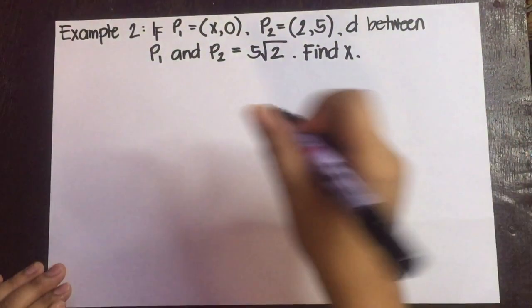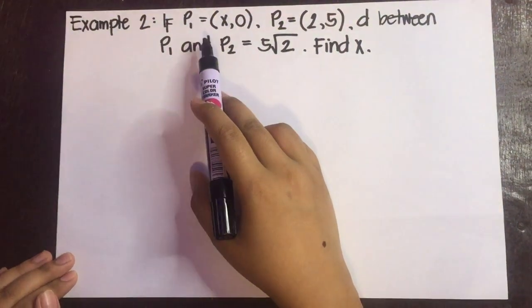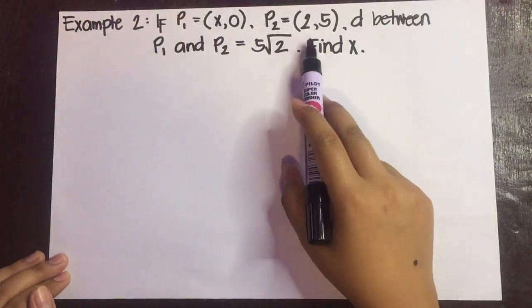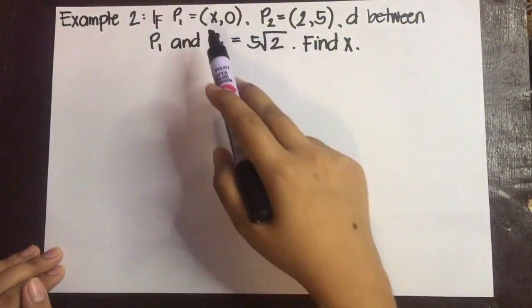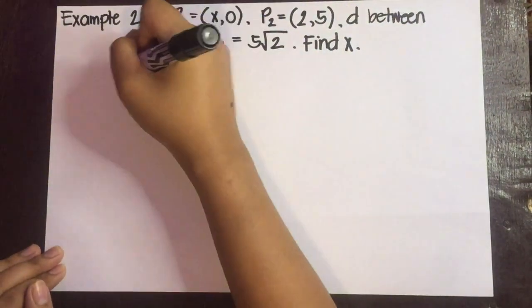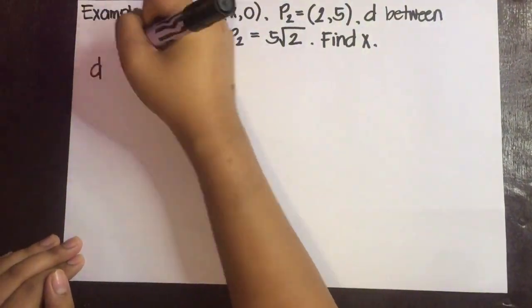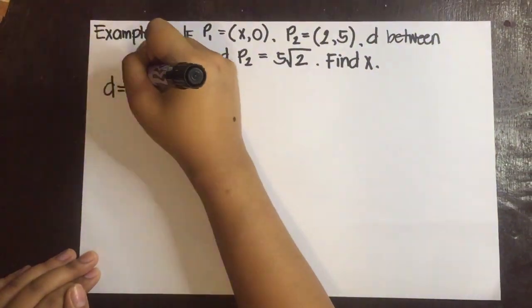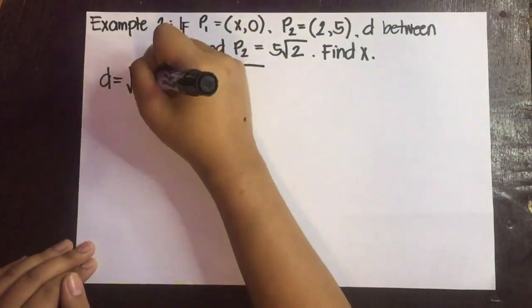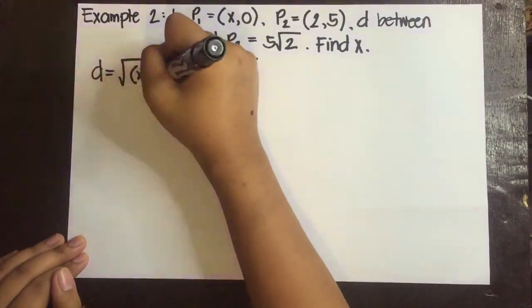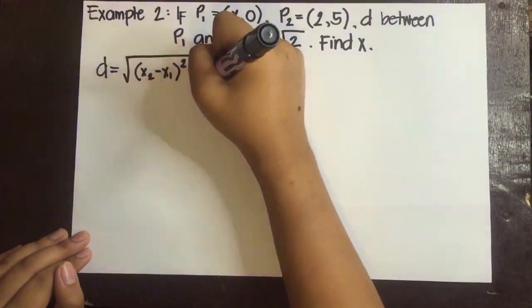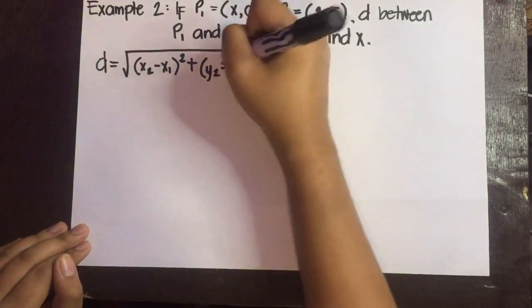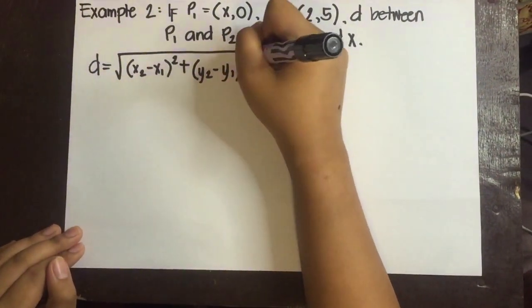So for our example 2, if point 1 is equal to x and 0, and point 2 is equal to 2 and 5, the distance between these 2 points is equal to 5 square root of 2. So find x. So our distance formula is equal to the square root of x sub 2 minus x sub 1 squared plus y sub 2 minus y sub 1 squared.